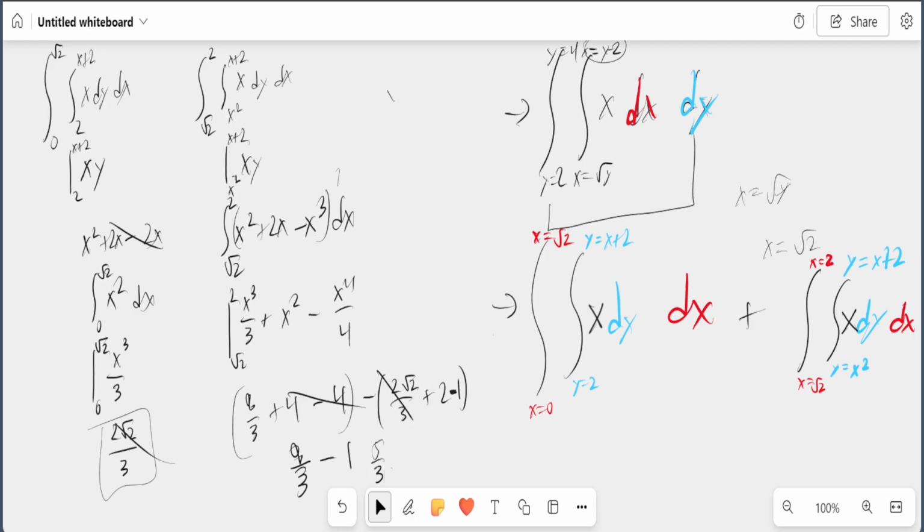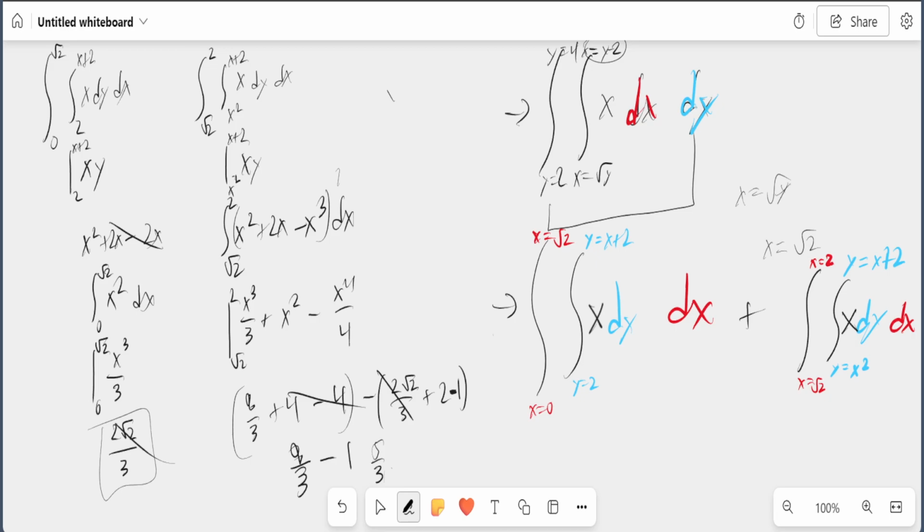Hold on. x cubed over 3, x to the 4th over 4. Minus 4, so that's 8 over 3 minus 2 root 2, plus 2, minus 1. I'm getting 5 thirds. Is there something I'm doing wrong here?